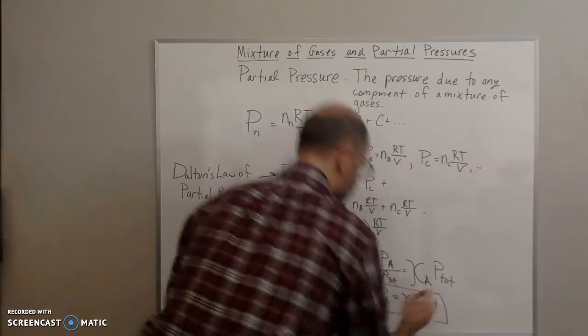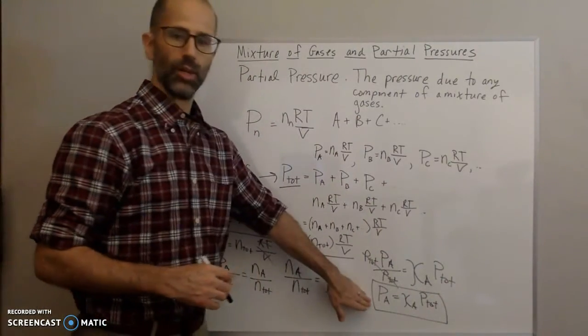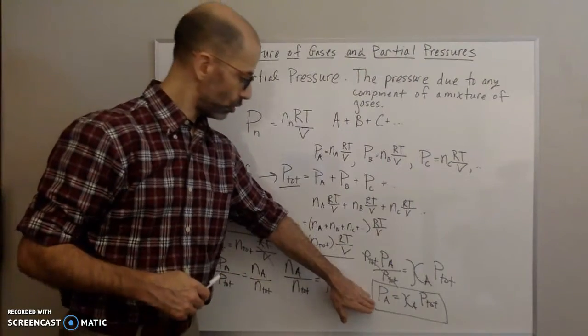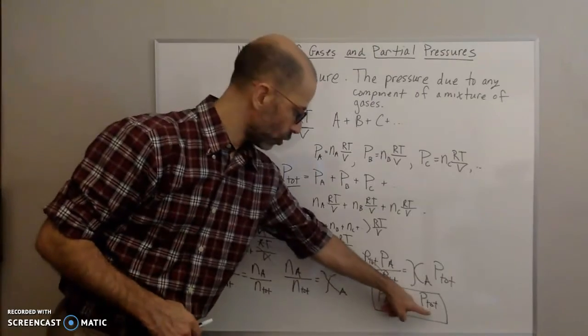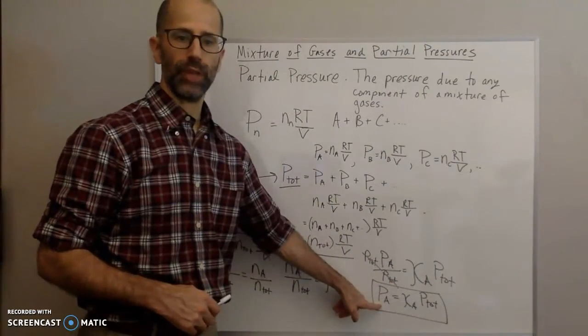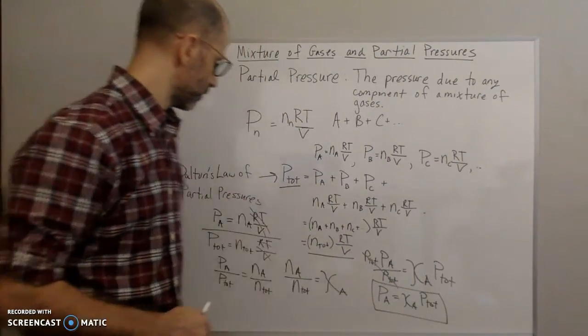So this is going to be a very useful equation. So if you know the mole fraction and you know the total pressure, you can find the partial pressure of A with this equation.